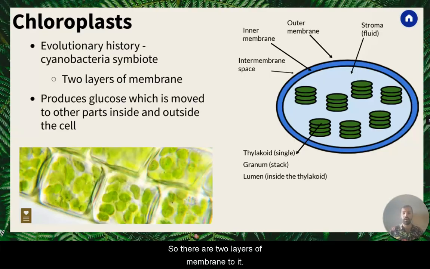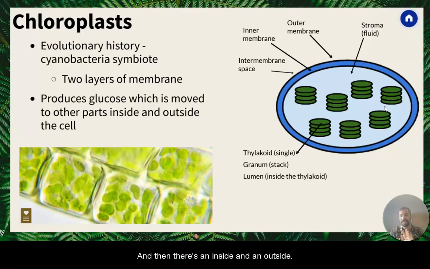So there are two layers of membrane to it, an inner membrane and an outer membrane, and within the chloroplast itself there are these stacks, these thylakoids. Each thylakoid is one of the layers in these stacks, sort of like a stack of pancakes.